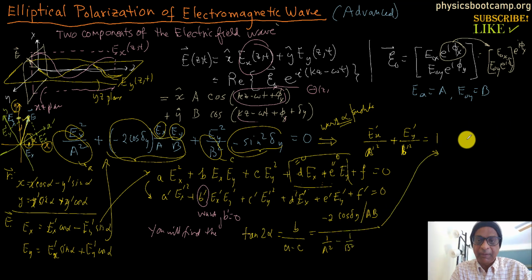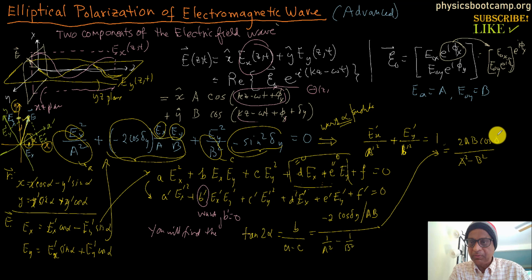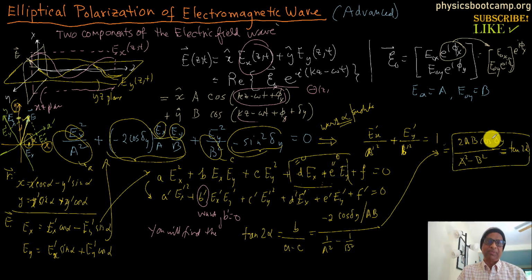So when you simplify it, I get this equal to b square minus a square, cancelling the minus sign, gives me a square minus b square, and over there kills one of those. So 2ab cosine delta y over a square minus b square is equal to tangent of 2 alpha. So that's the answer. That's how much you have to rotate.